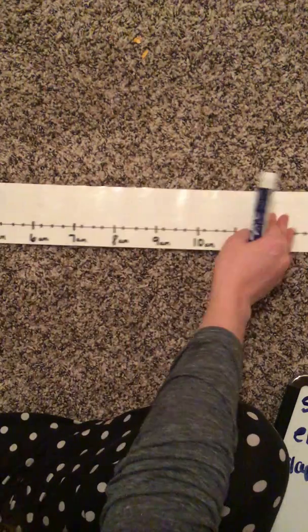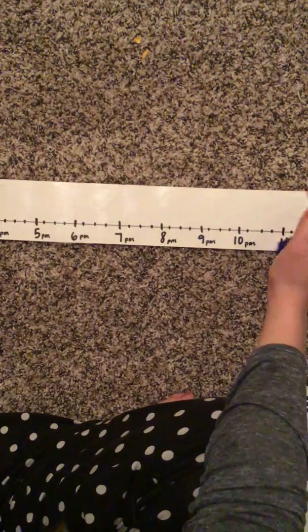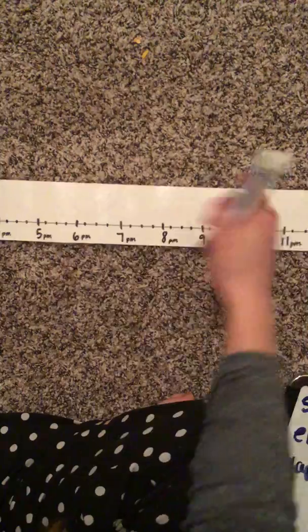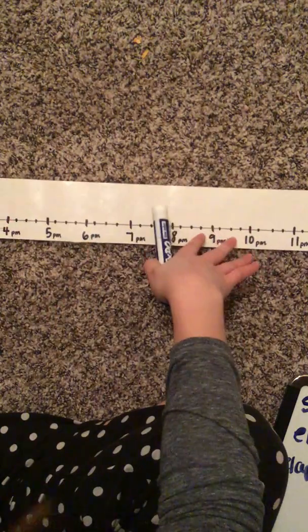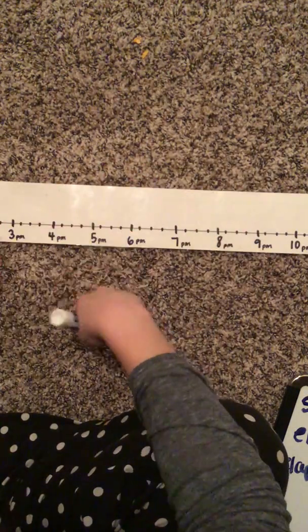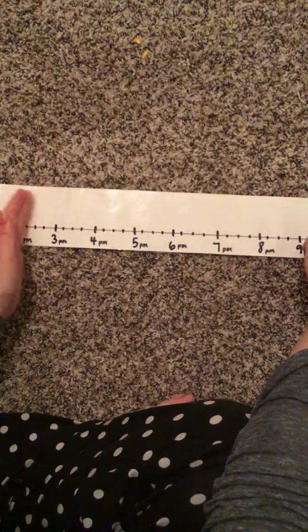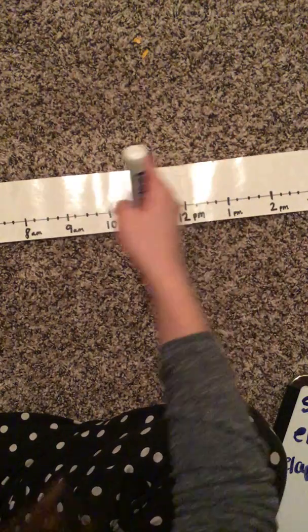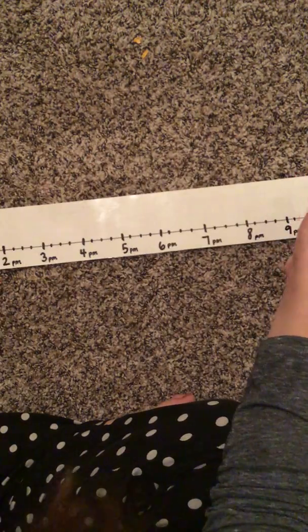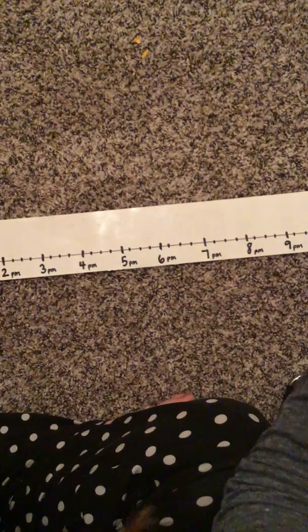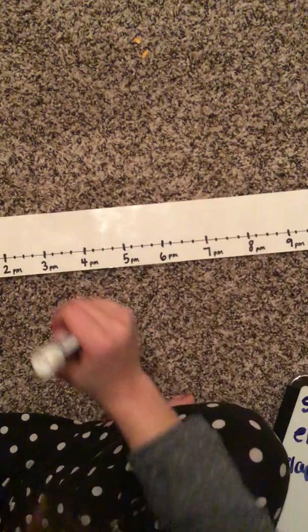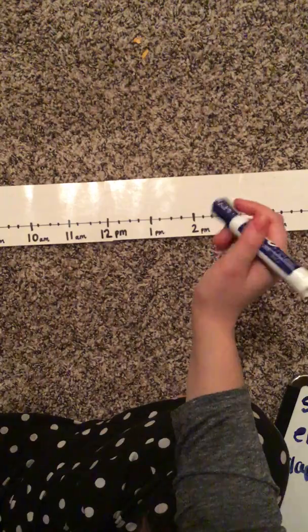Then we've got after midday, and what it stands for is post meridian, and another word for post is after. Then we've got midnight. So anything between midnight and midday is AM. Anything between midday and midnight on this end is PM. Okay? So let's think about it that way.